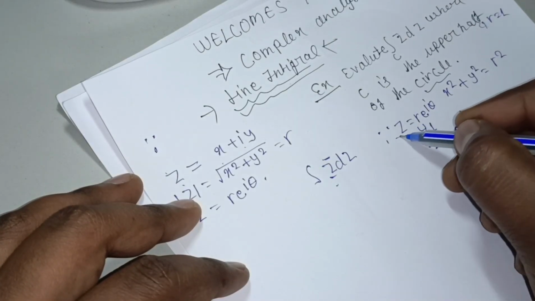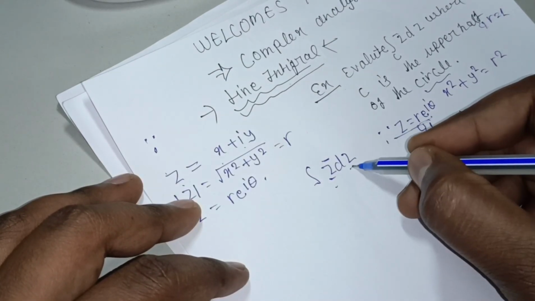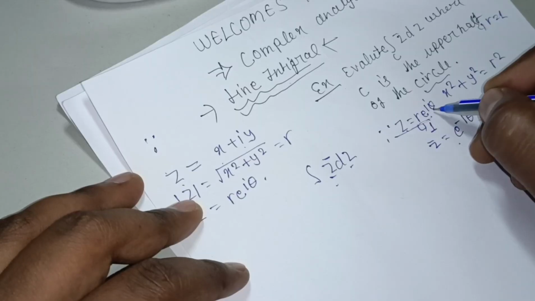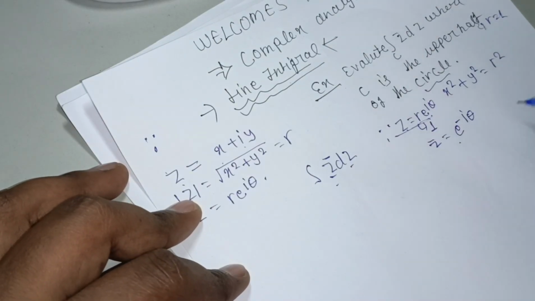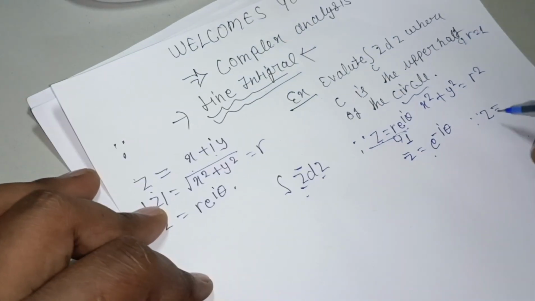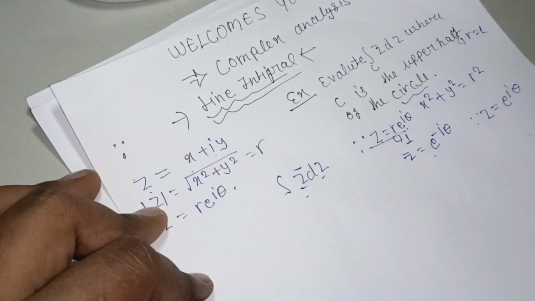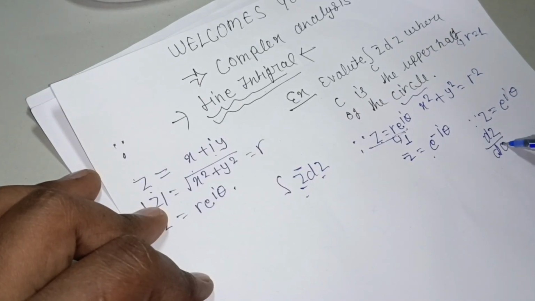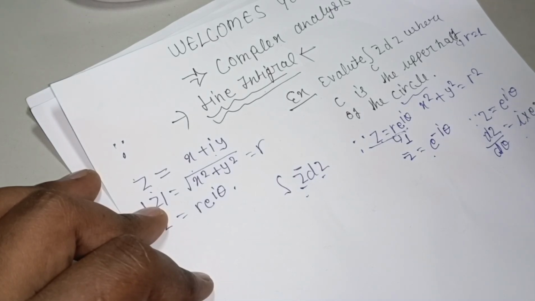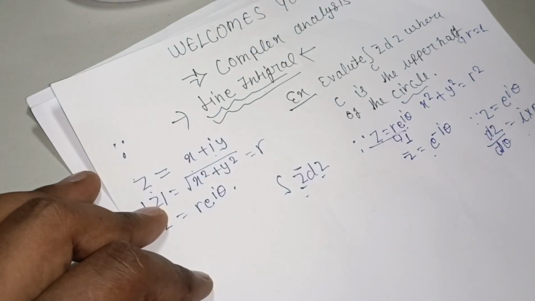Firstly we also need to find dz, right? So z is e to the power iota theta, then dz by d theta is iota e to the power iota theta, according to the law.